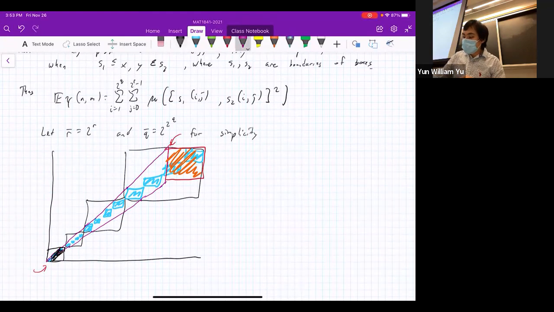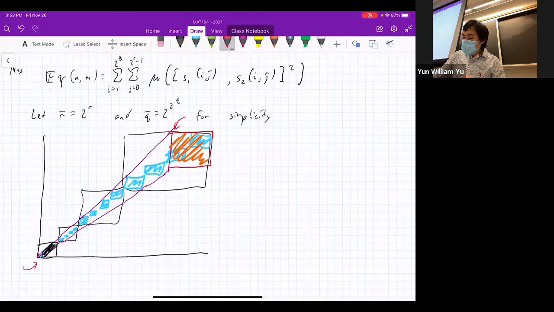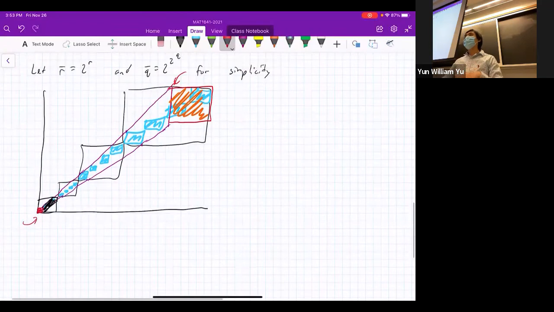And then we're also going to include just the smallest box by itself. You will see why this is important: somehow the smallest box captures what happens when you have too many terms, so it's important to consider that one separately. But for everything else, the probability of collision is going to be bounded in this way.